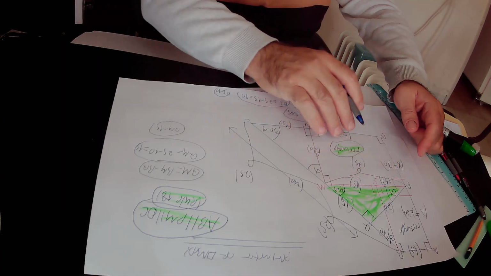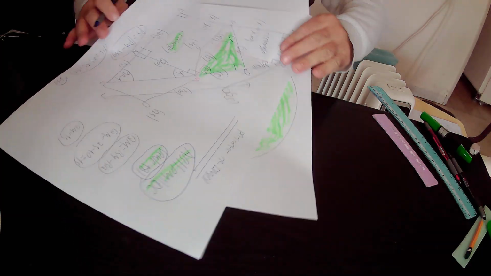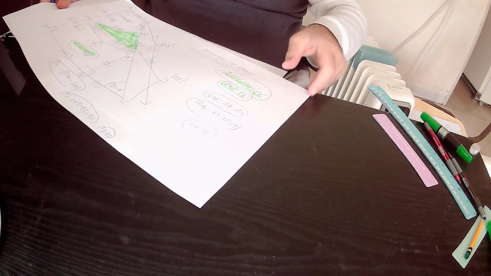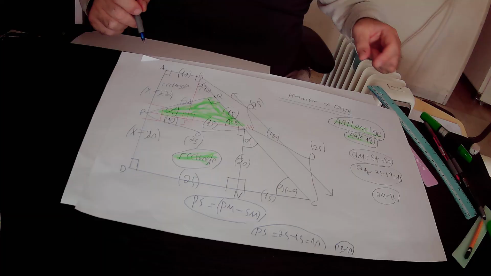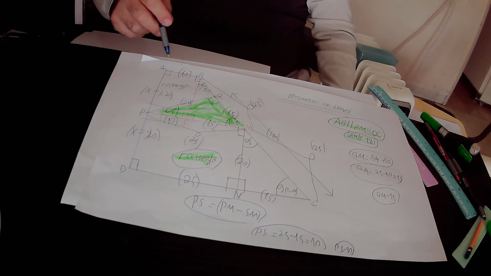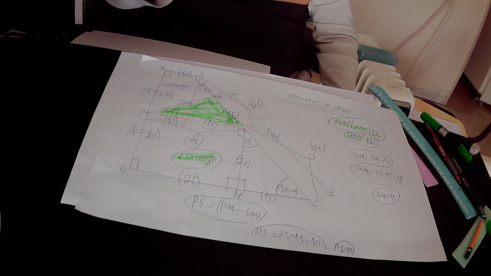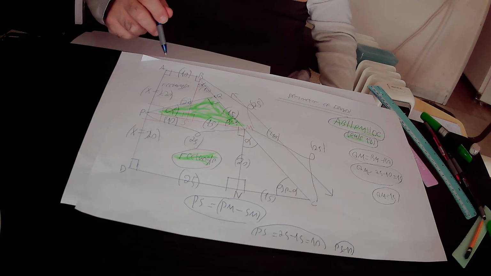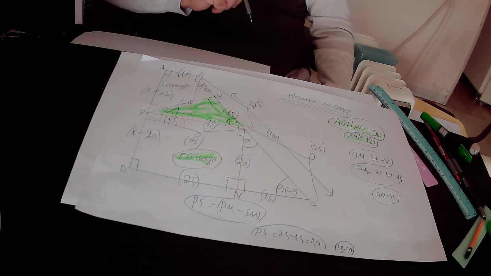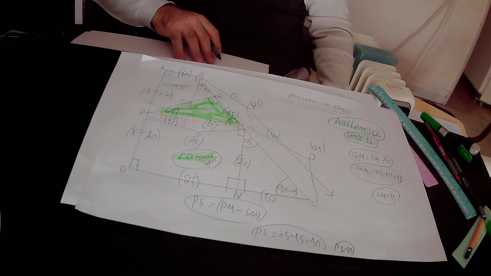So in this rectangle ABSP, side AB must be equal to the opposite side PS. But PS is 10, therefore the opposite side AB must also be equal to 10 units in its length.